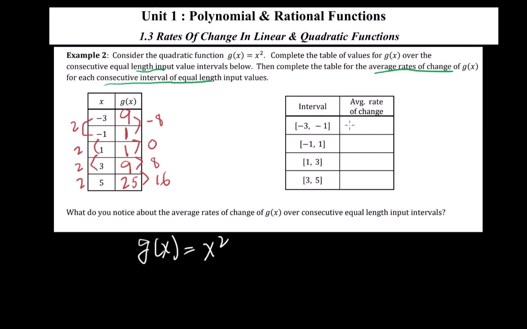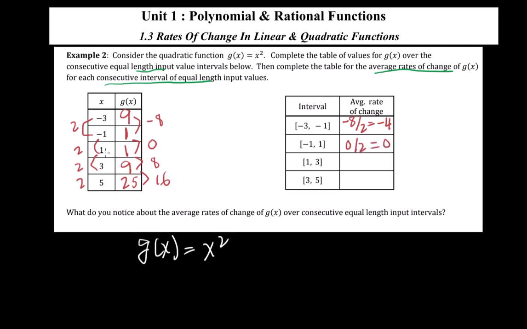So average rate of change is the difference of y divided by the difference of x. So it's -8 divided by 2, which is -4. Now the difference of y from -1 to 1 is 0, divided by 2, which is 0.